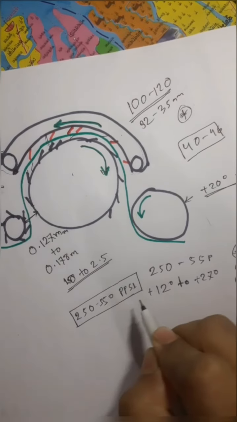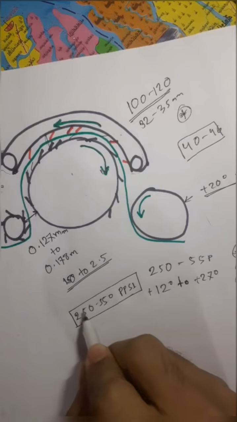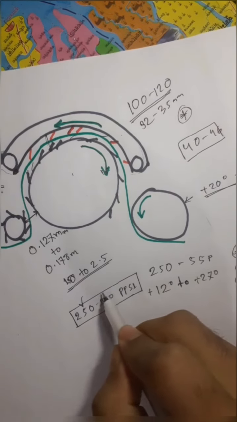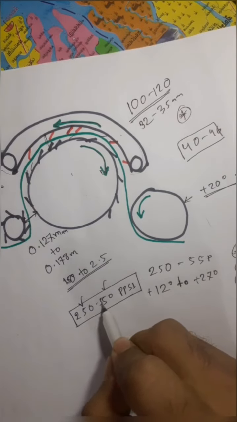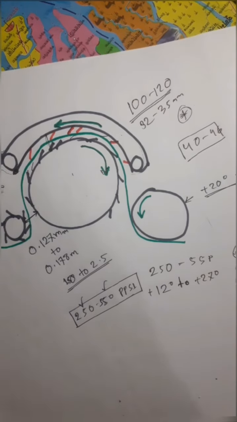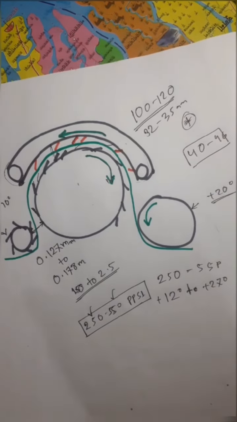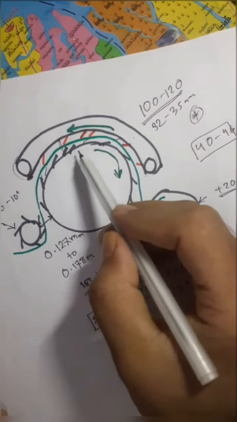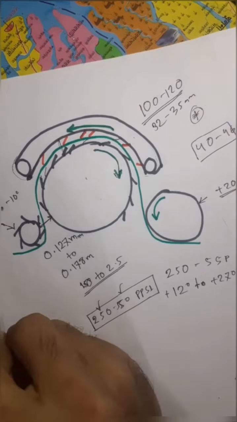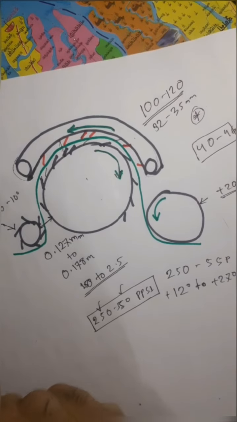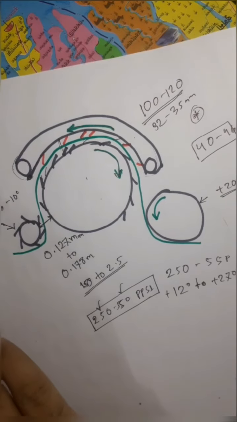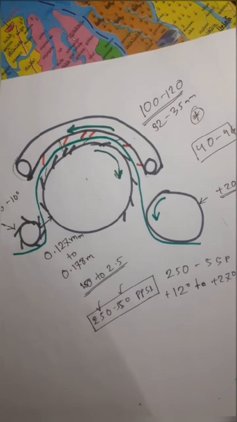For coarser fiber, we use the lower point density, and for finer fiber, we use the higher point density. Now, the main tasks of the carding action in this zone are fiber individualization, short fiber removal, neps opening, and dust removal. These four main tasks are performed in this zone.